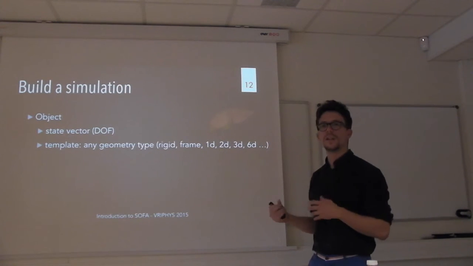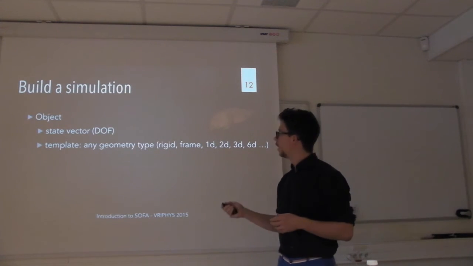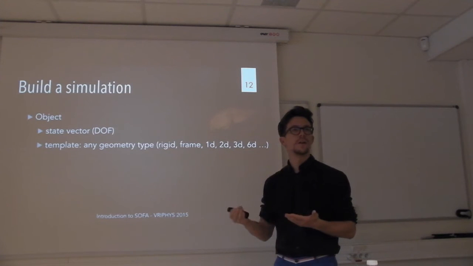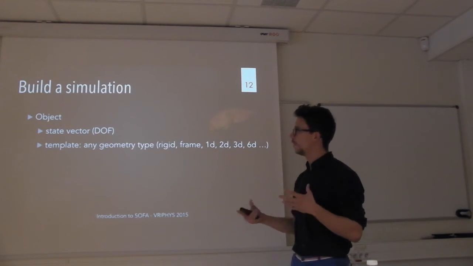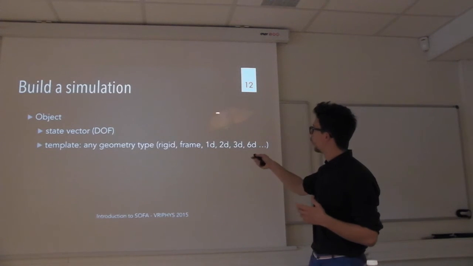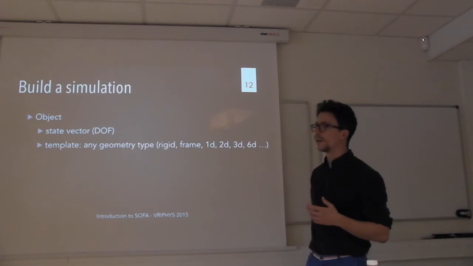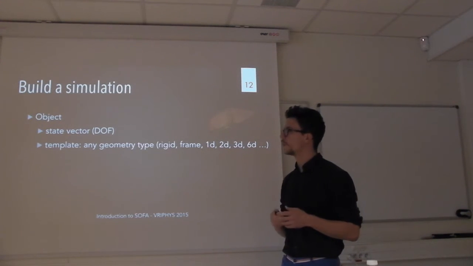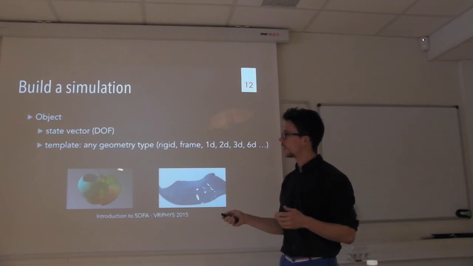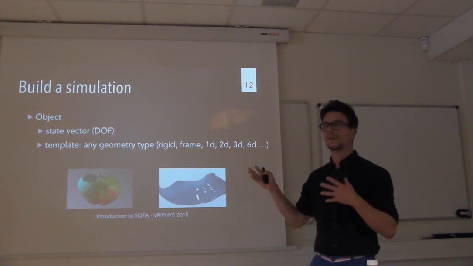It can be 1D if we are talking about temperature, 2D if you are making a 2D simulation, or 3D if you are talking about a 3D object like here. So you can have different kinds of degrees of freedom defined in SOFA, and those, as I already said, are to simulate different kinds of phenomena.